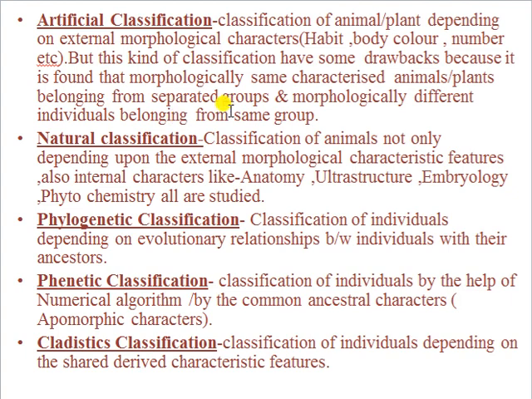So this kind of problem can arise if only artificial classification is done. Nowadays artificial classification is not followed because it is not the appropriate mode of classification for plants and animals.